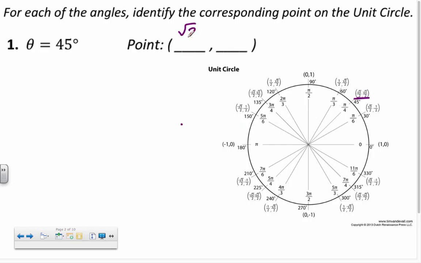Square root of 2 over 2, comma, square root of 2 over 2. And if you remember from when we created the unit circle in class, these values are all given to us, or we figure them out by using the properties of either 45, 45, 90 triangles or 30, 60, 90 triangles. So this part was simply, can you identify what the point is at the given angle?